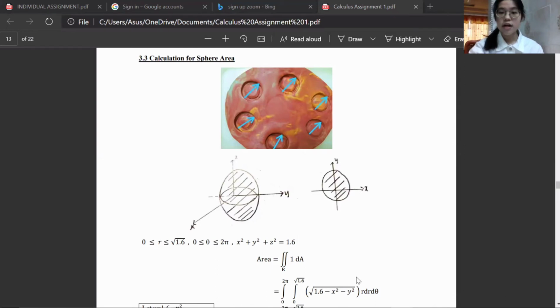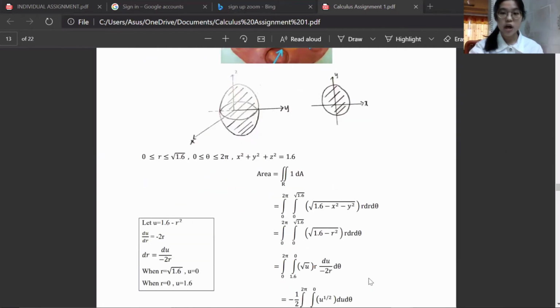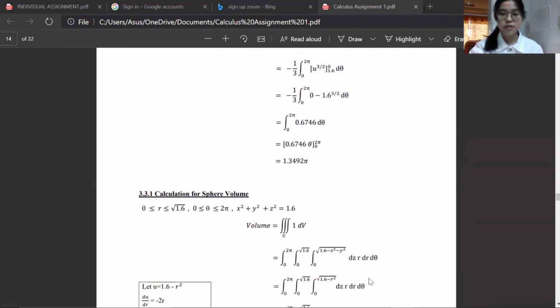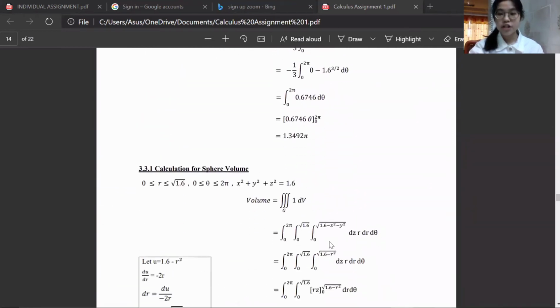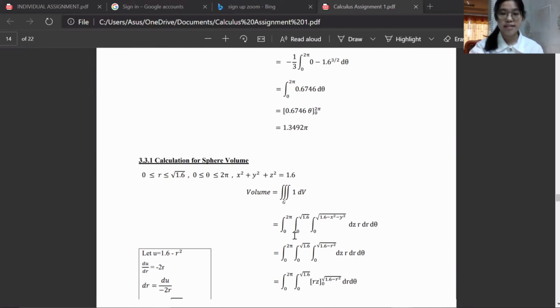The formula I use to find the area is r dr dθ, which is polar coordinates, while for the volume I still use cylindrical coordinates, which is dz r dr dθ. The upper limit of z is square root of 1.6 minus x squared minus y squared, and the radius value is square root of 1.6. The lower limit is 0, while θ goes from 0 to 2π.